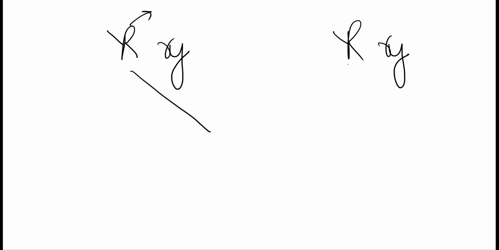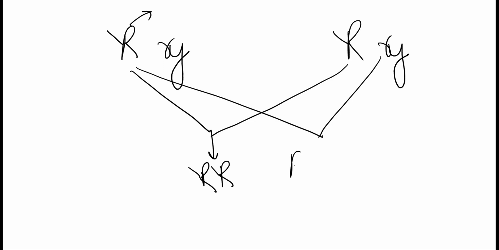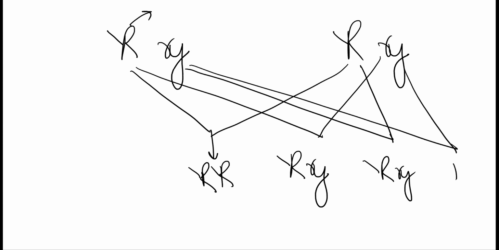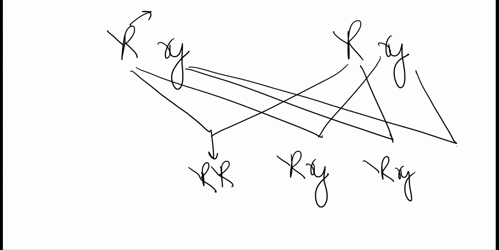So when they meet together, it will give you round yellow, again round yellow, again round yellow, and this will give you wrinkled green.